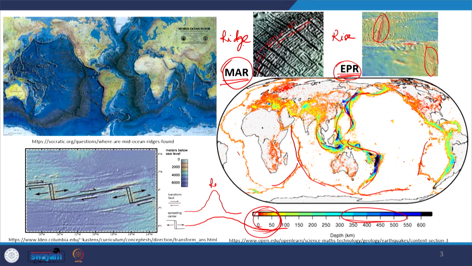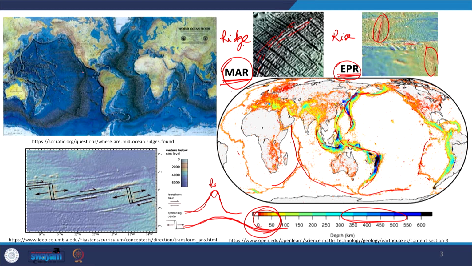That is why the East Pacific rise represents this type of topography and is called a rise, and the mid-Atlantic ridge shows this type of topography, and that is why it is called a ridge.